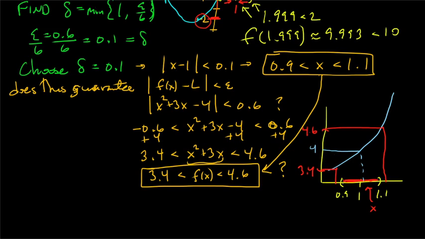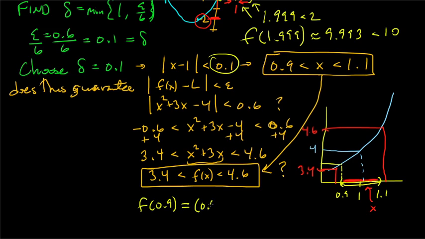So if I pick x to be as far away from 1 as I can be, remember, it has to be within 0.1. So the furthest I can go is 0.9 to the left and 1.1 to the right. But even if I go that far, even if I plug in 0.9, whatever my y value is, it should be bigger than 3.4. We know it's less than 4.6, but it's got to be bigger than 3.4.